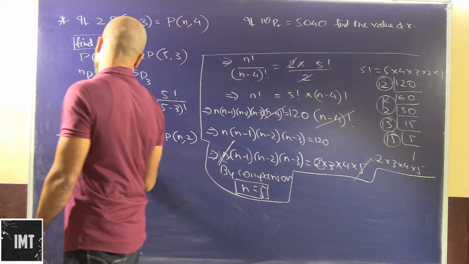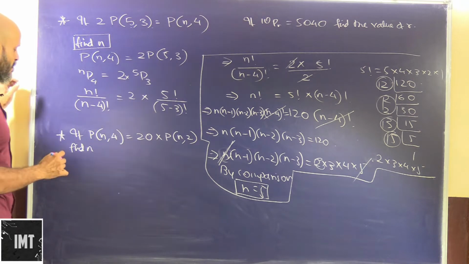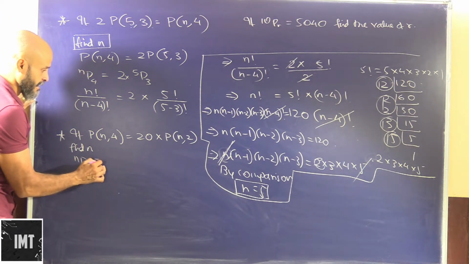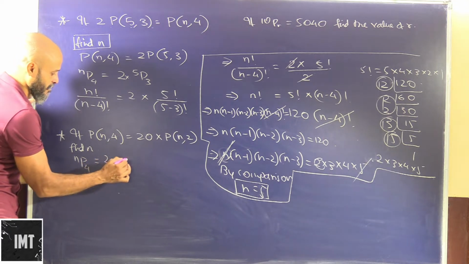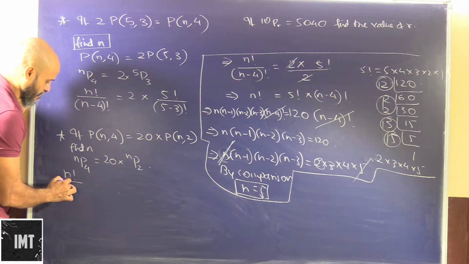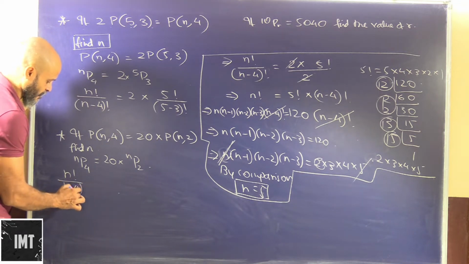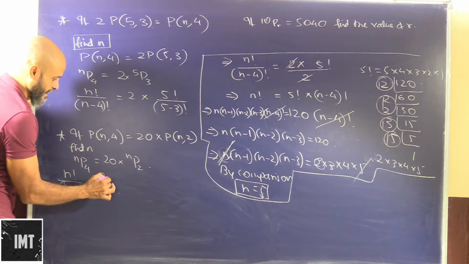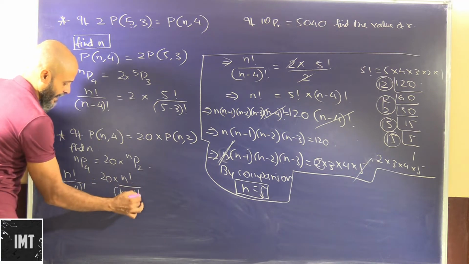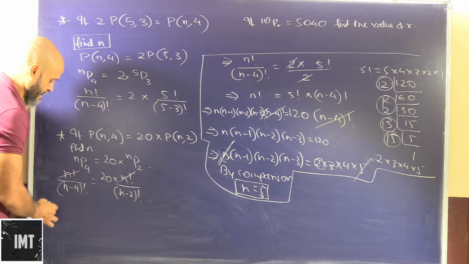Okay, if nP4 is equal to 20 into nP2, so nP4 means n factorial upon n minus 4 factorial is equal to 20 into n factorial upon n minus 2 factorial. So these two factorials will get cancelled.